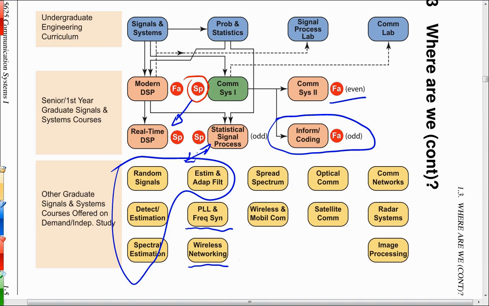Spread spectrum is popular as well as a special topics because it relates to military communications heavily. So people sometimes demand to take that as an independent study in the summer. And the other ones are up there. Optical comm, I've taught that a couple of times, and satellite comm.